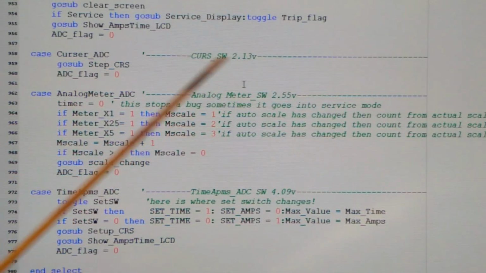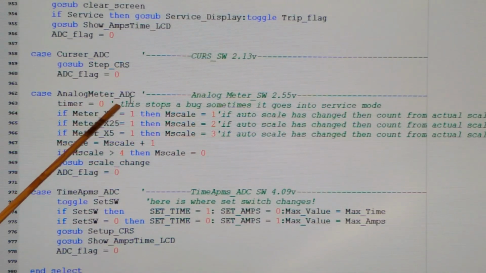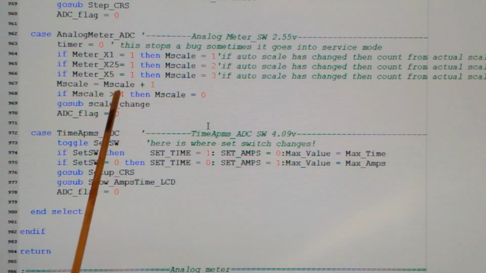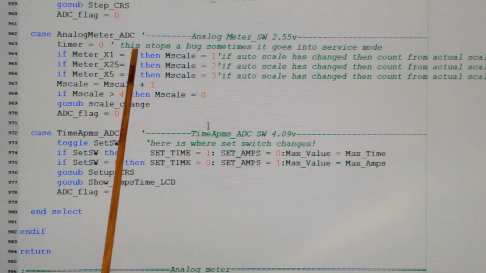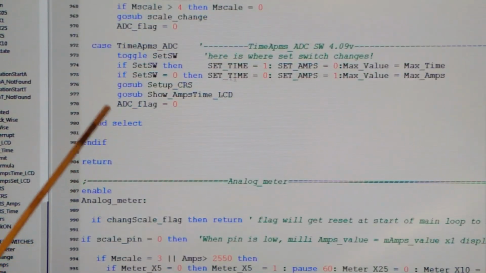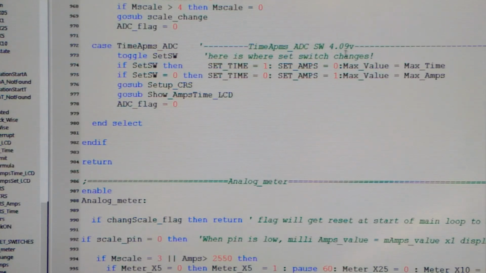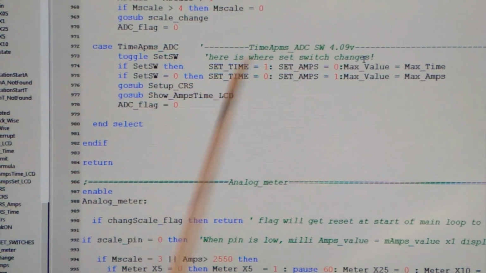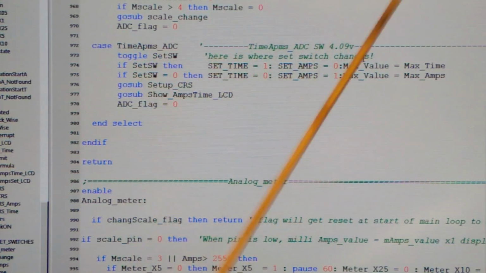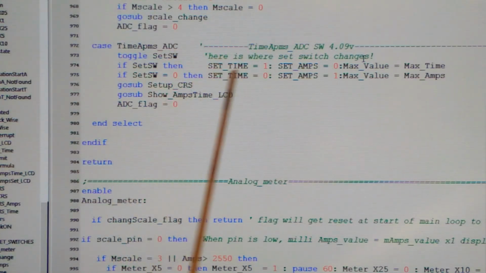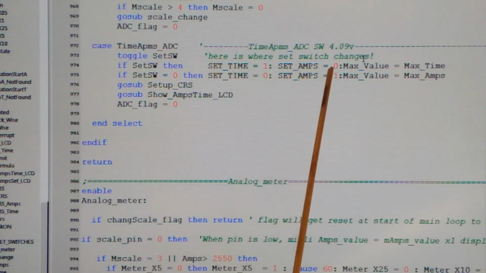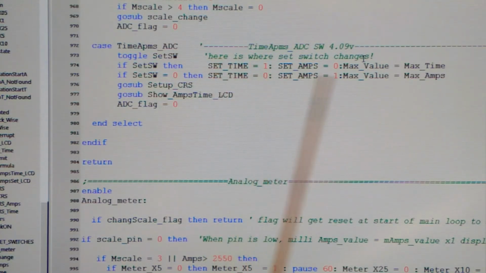I'm not sure if that's correct now, but if it was the analog meter switch, it means it was around 2.5, and it changes your scale relays, it's done there. And if it was your time or amp settings, it would read 4 volts, because 4.09, so it's 4 volts because it's divided by 100. And it sets your variable whether you are changing the amps or the time. So that's what that does there.